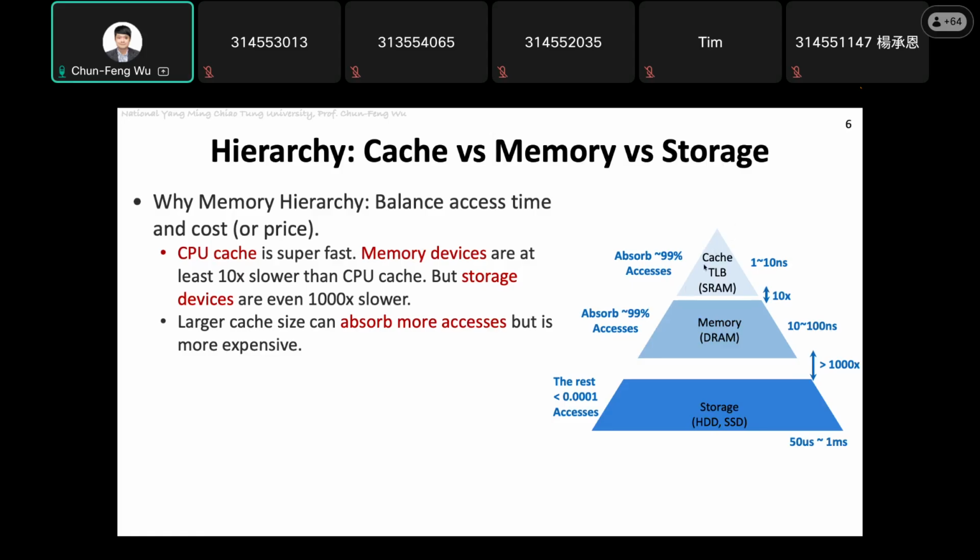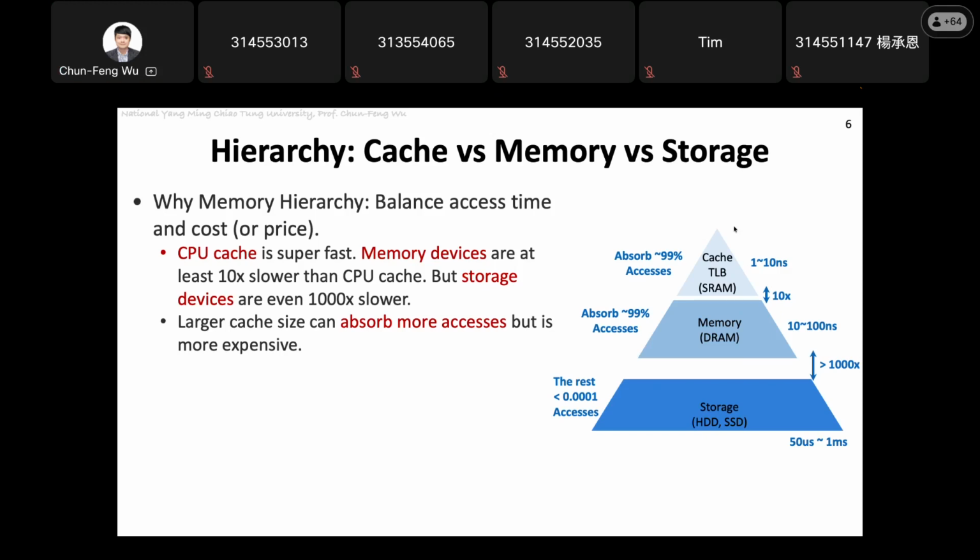So if 99% of data can be cached in the CPU cache, then even if you equip a larger CPU cache, it cannot help that much. You pay more money, but you don't really get the same amount of performance improvement, because a smaller CPU cache can already absorb 99% of the accesses.